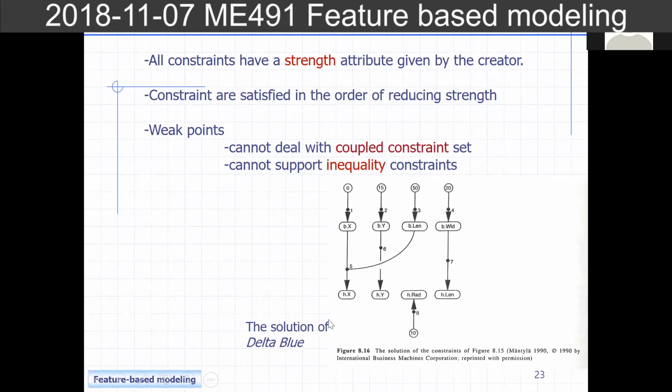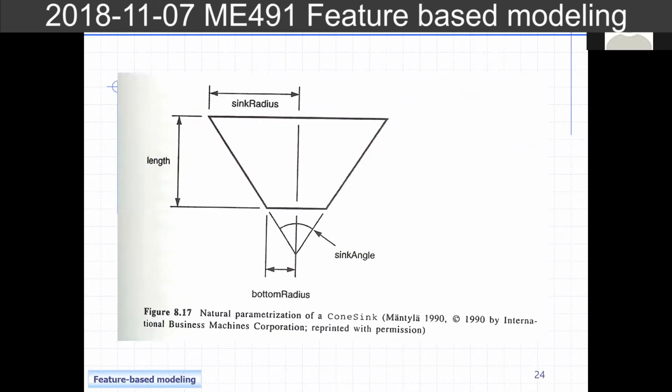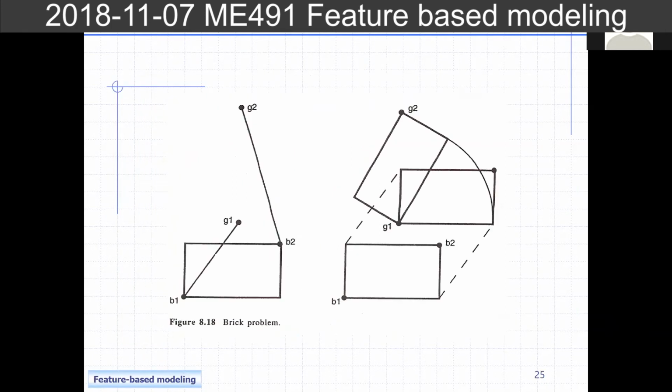So the delta blue method is explained in figure 8.16. And this one shows another one called Constraint, coming from Mantyla from Finland. So they use another way of constraint satisfaction method. And the brick problem is explained as an example, but I will not explain the details here.